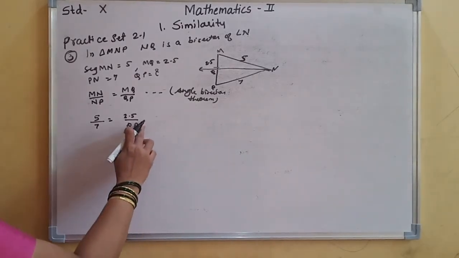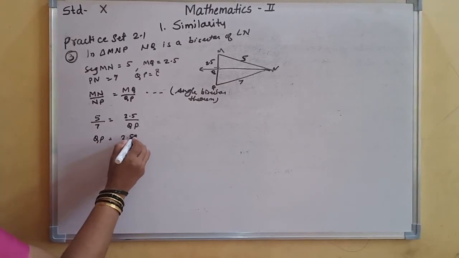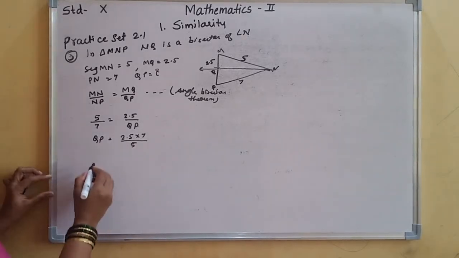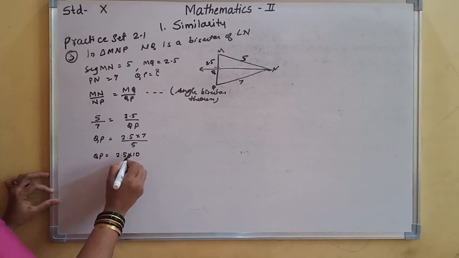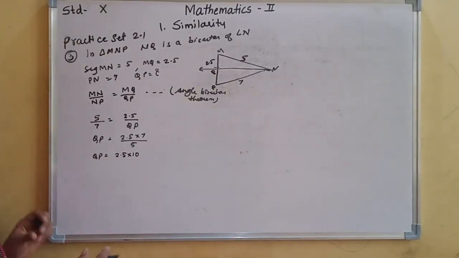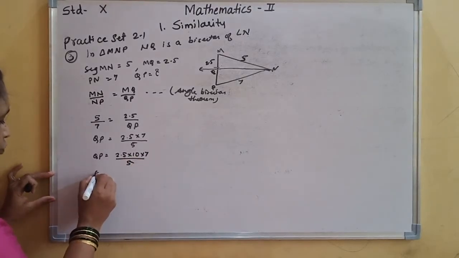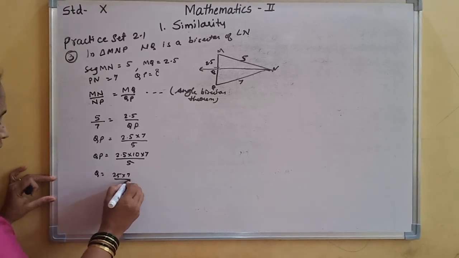Here cross multiplication, QP is equal to 2.5 into 7 upon 5. So QP is equal to 2.5 into 10 into 7 upon 5. So QP is equal to 25 into 7 upon 5.